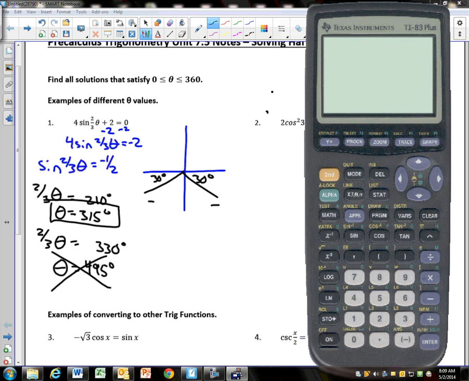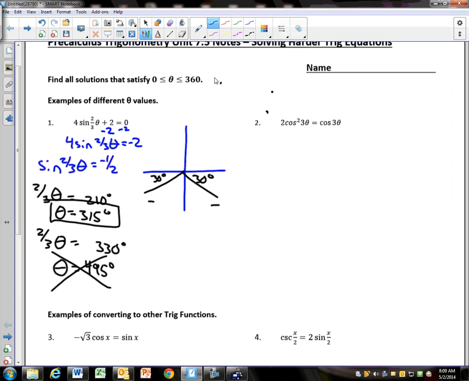So we're going to do the same thing over here. This one, instead of a number less than 1, we have a number bigger than 1, okay? That's really going to change it. You remember from yesterday how we would solve this? If you divide both sides by a cosine, you're going to lose solutions. So we subtract and factor. 2 cosine squared of 3 theta minus cosine of 3 theta is equal to 0. Factor out a cosine.